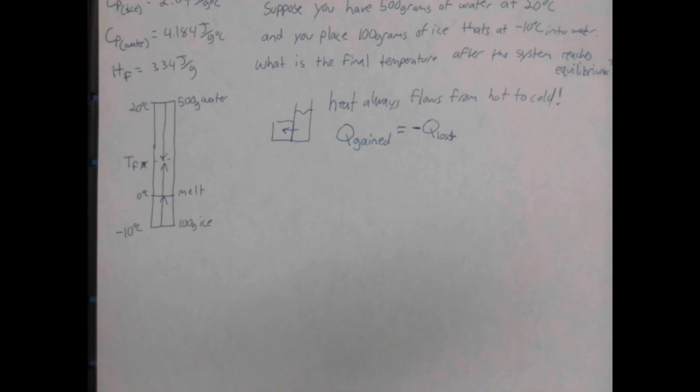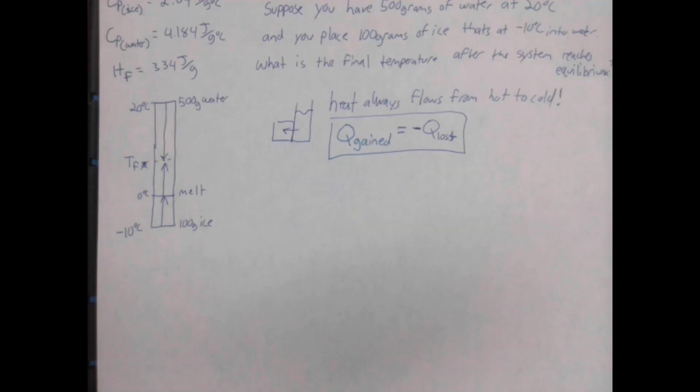So, let's break up this equal sign. This is our main equation. What is gaining heat? What is getting hotter? The ice. So we're going to start with the ice.